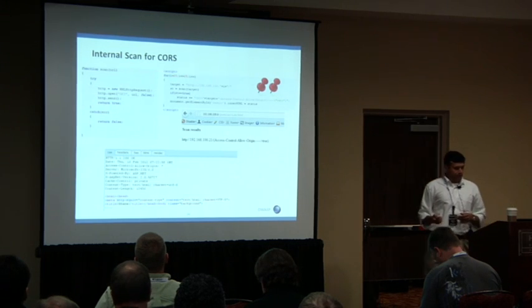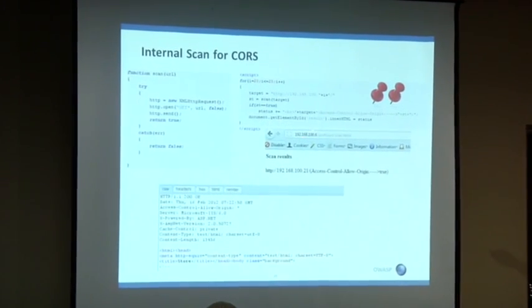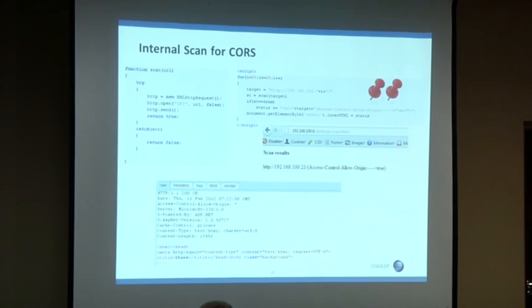So for example, over here, using XHR, we can do an internal port scan to see which ports on your internal systems are open. When we find any of these ports, we can check whether Access-Control-Allow-Origin is set to star or not, whether it's set to true or not. If it's true, then you can start crawling that internal site.